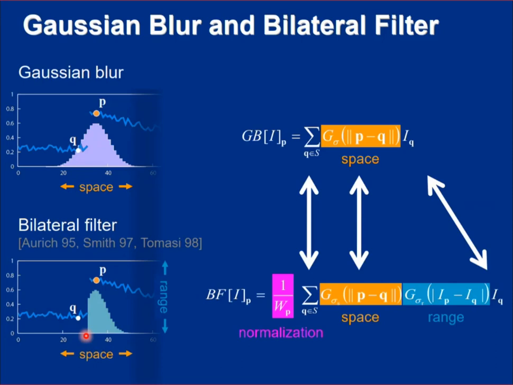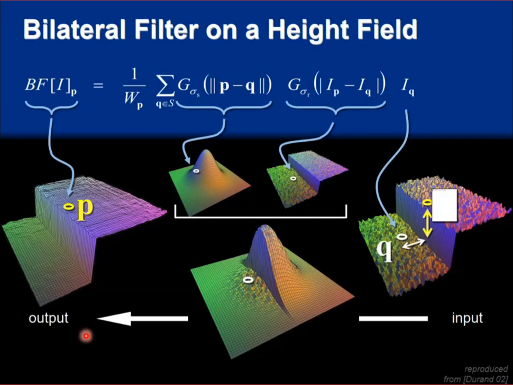We show it in 3D space in the lab. So this is the Gaussian filter for space, and this is the Gaussian filter for intensity. We combine the Gaussian filters, it will generate this result.